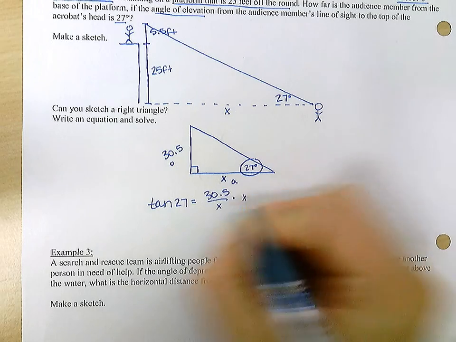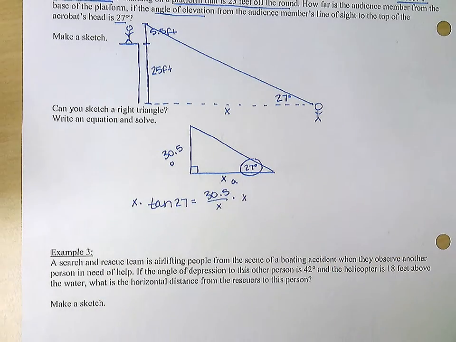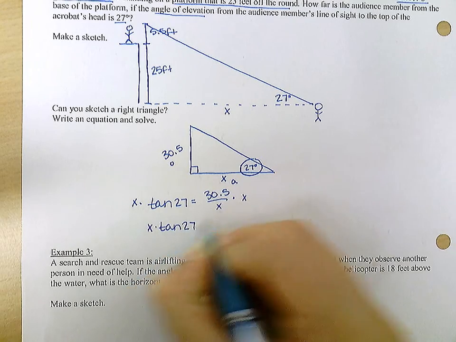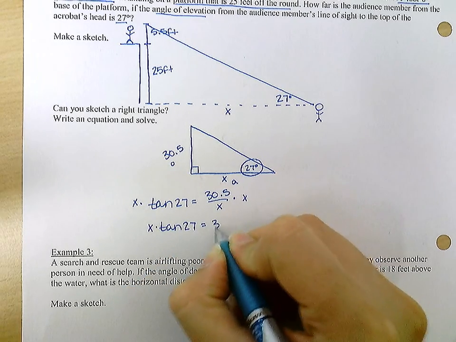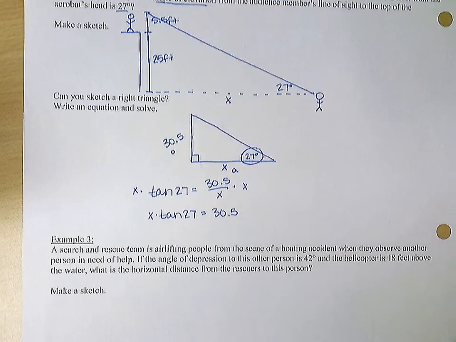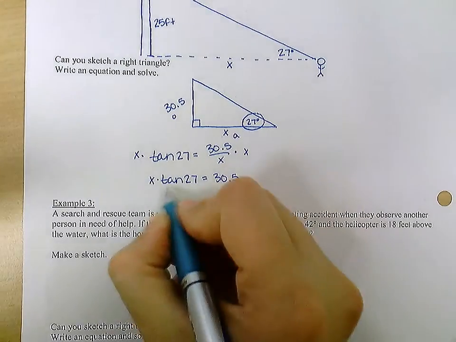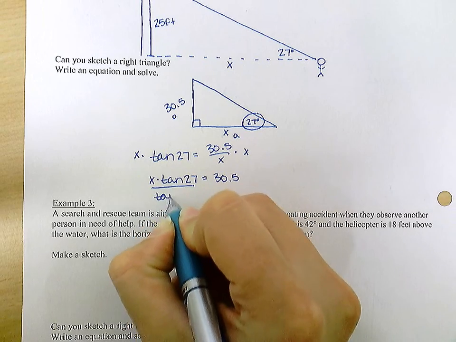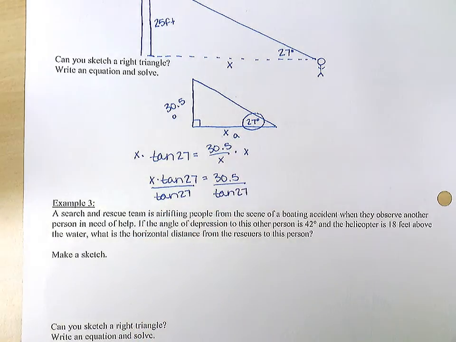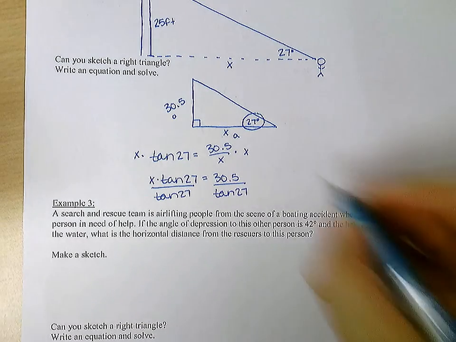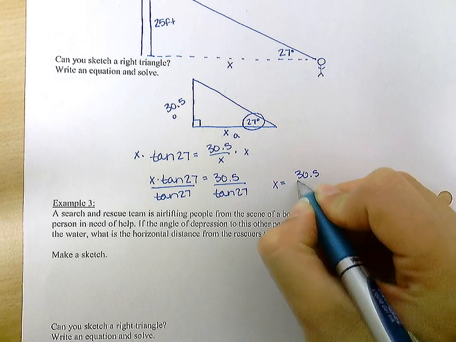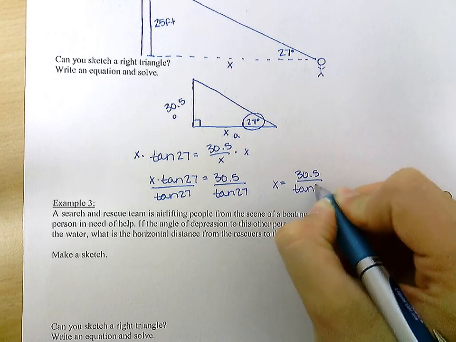So multiply by your denominator, which is X. So I have X times the tangent of 27 is equal to 30.5. I still need X by itself, so divide both sides by tangent of 27, so that I end up with X is equal to 30.5 over tangent of 27.